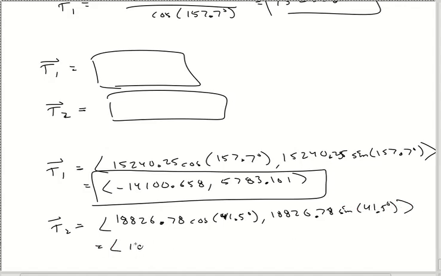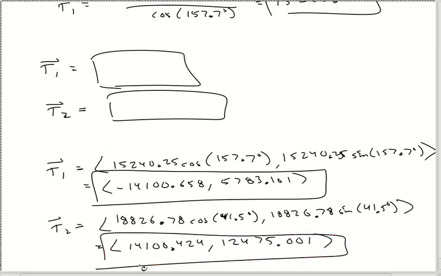My answer here in decimal form, 14,100.424 and 12,475.001. Here we go. You're going to see something really weird here in a second. I'm just writing out what works, and I'm going to show you that it's a little funny, actually.